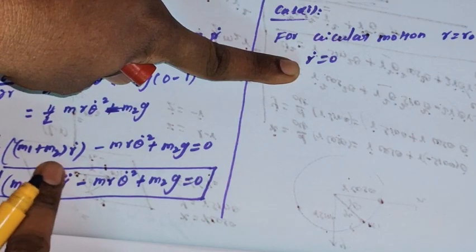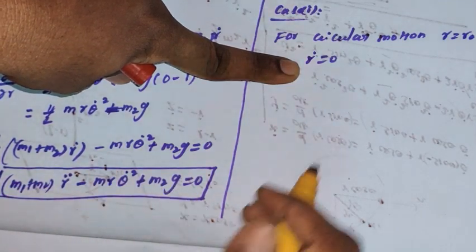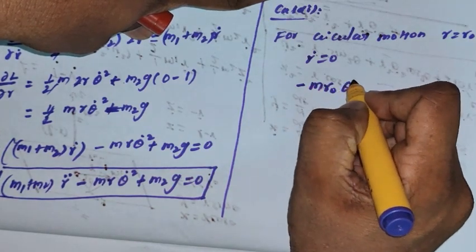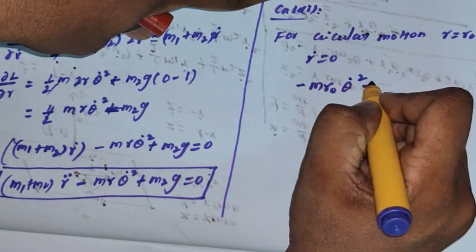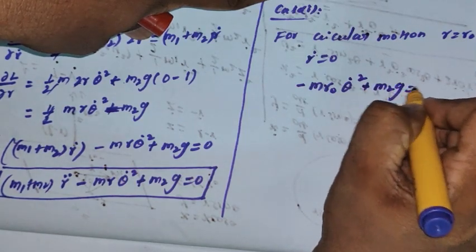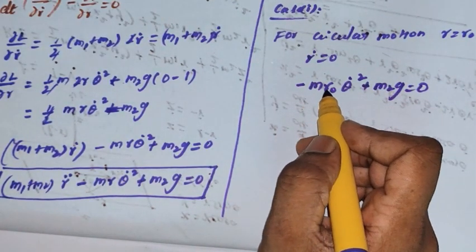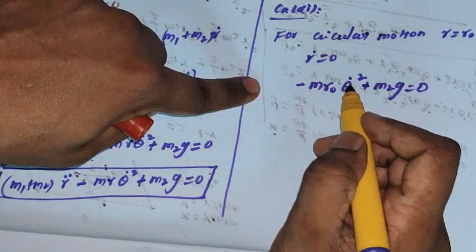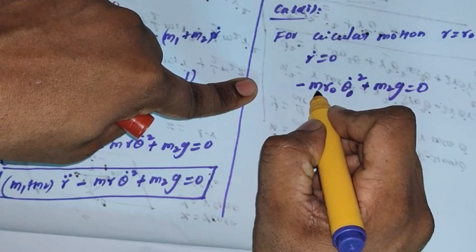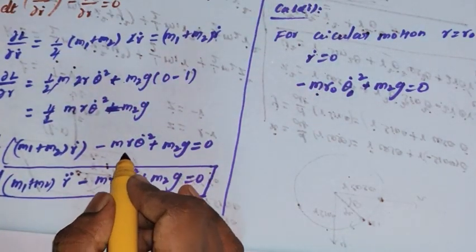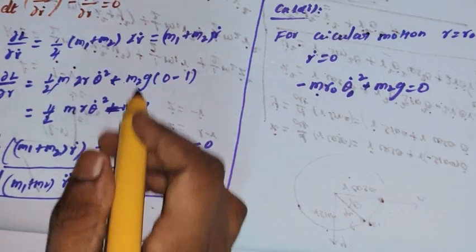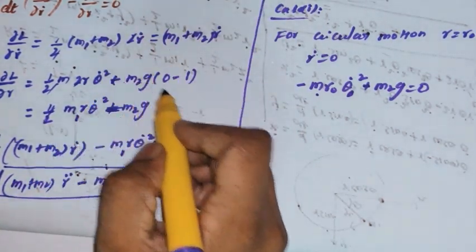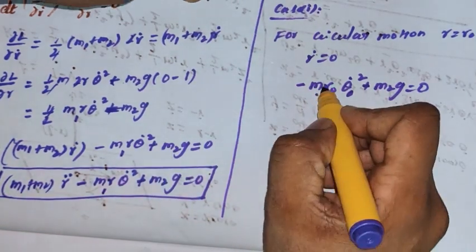From this equation of motion, the first term goes to 0. The second term you can write as minus m1 r naught theta dot square plus m2 g, which is equal to 0. We know that the angular velocity is also constant. I forgot to put m1, you need to put m1.